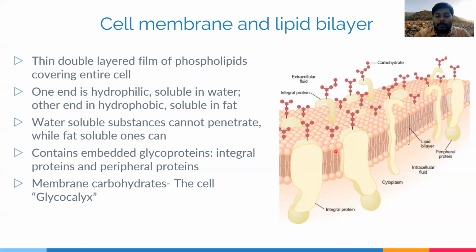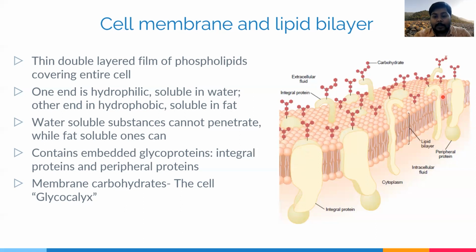The cell membrane also consists of a huge amount of carbohydrates present on the extracellular surface of the cell membrane itself. These carbohydrates are attached to lipids and proteins in the form of glycolipids or glycoproteins. So, what is a glycolipid? Glycolipids are lipid molecules with a small amount of glyco or sugar moieties attached to them.